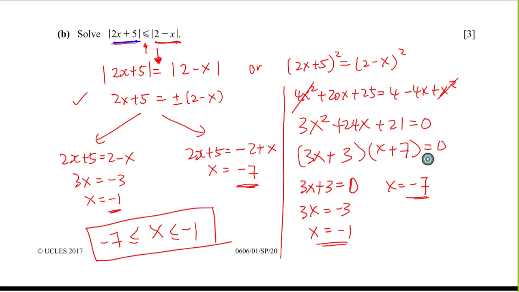You can sub in the negative 2 here, you get negative 4 plus 5. Negative 4 plus 5 is 1, right? Then you sub in the negative 2 here, then you will get 4, right? So is 1 less than 4? Yeah. So the inequality is correct, right? Yeah, this is what happened.